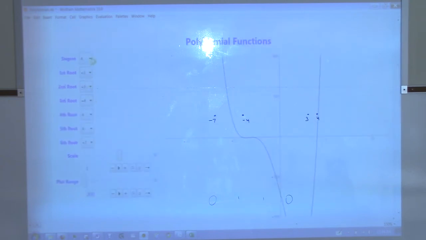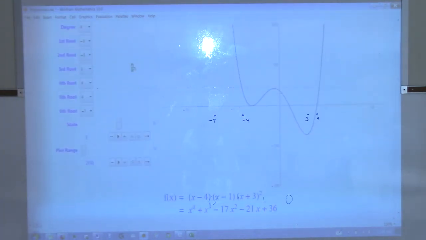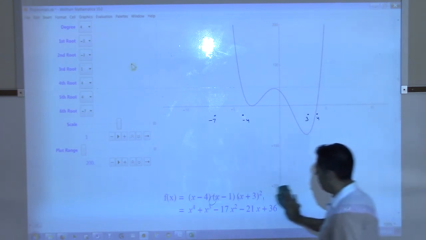Oh, that's, yeah, 4th. Do this one plus 1. Yeah, let's just do that one right there. Let's take a look at this one. It's a 4th degree polynomial, right? 4th degree polynomial.